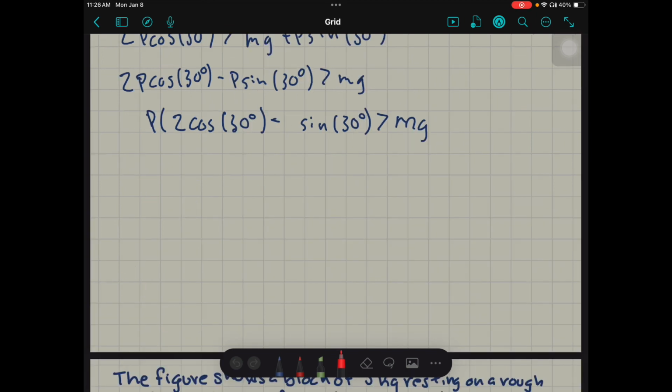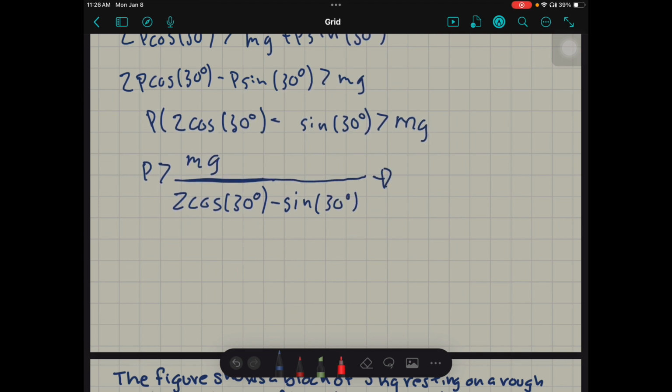Now we can isolate our P, so divide this by this. So P is greater than mg divided by 2 cosine 30 degrees minus sine 30 degrees.